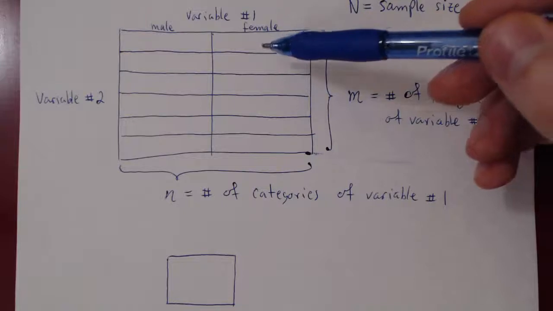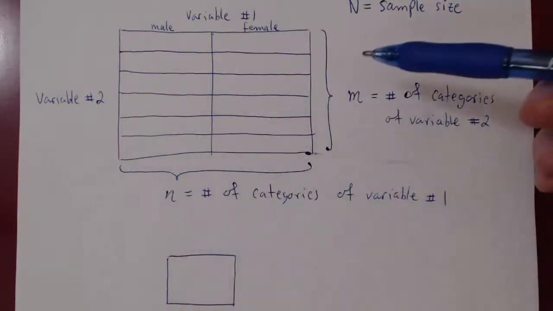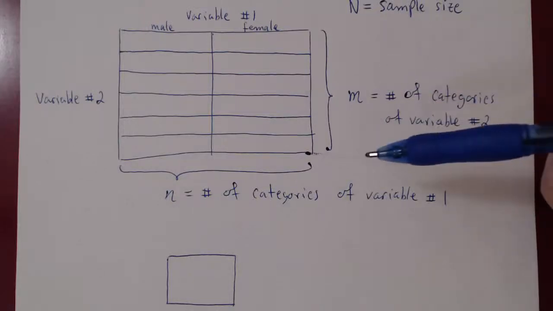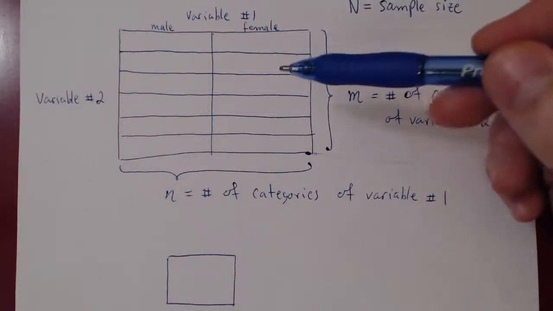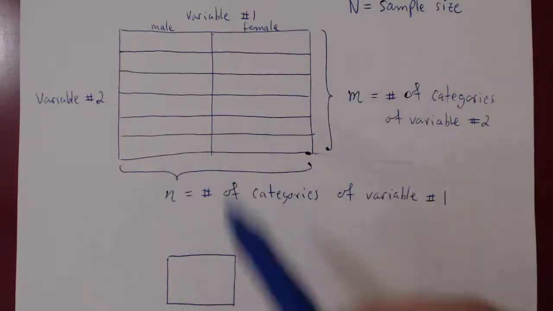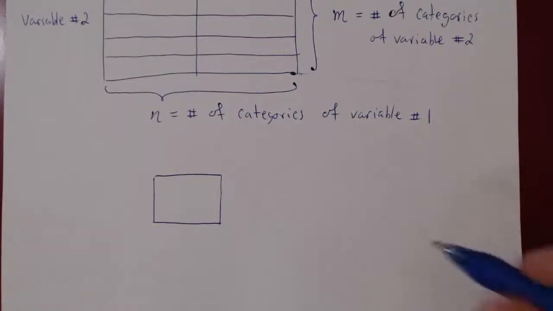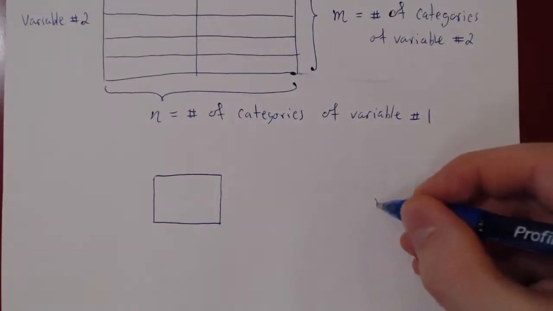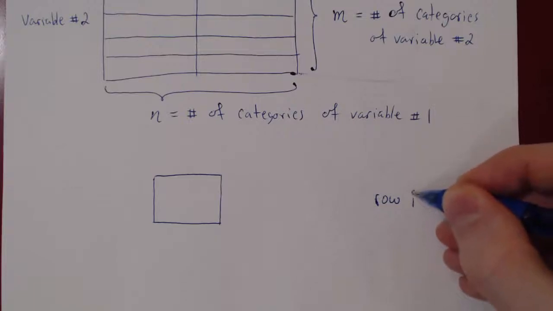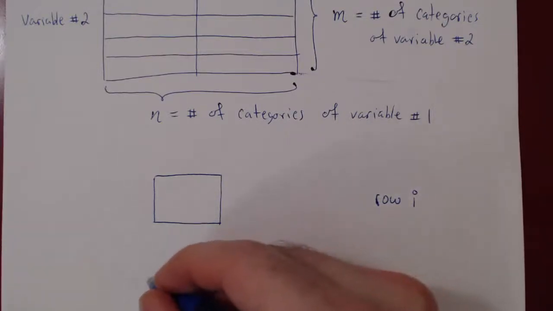You have to specify in which row we are, and then in which column we are. So we need a row index and a column index. We will use I for the row position of our cell, and we will use J for the column position of our cell. So suppose that the cell is in row I and is in column J.